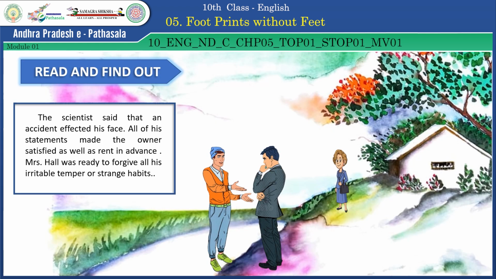The scientist said that an accident affected his face. All of his statements made the owner satisfied, and he paid rent in advance. Mistress Hall was ready to forgive all his irritable temper.